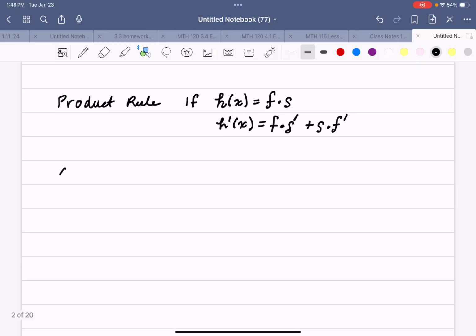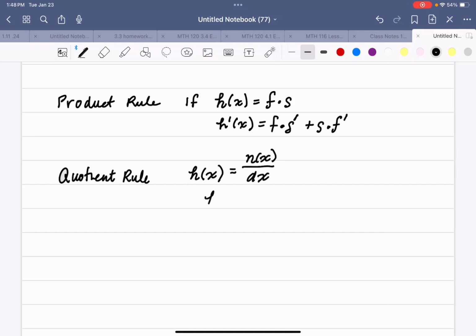Now I want to talk to you about the quotient rule. Again, the quotient rule is when you have division. So we're going to say h of x is n of x over d of x.